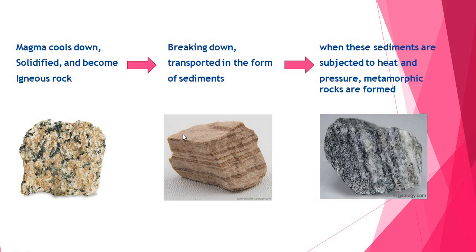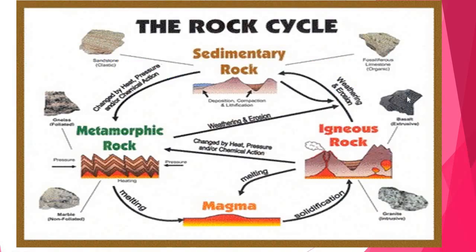So layers formed over millions of years, these sedimentary rocks are formed. Then we studied about the metamorphic rock. When these sediments are subjected to heat and pressure, metamorphic rocks are formed. Now let us understand the rock cycle with the help of the figure or the diagram.